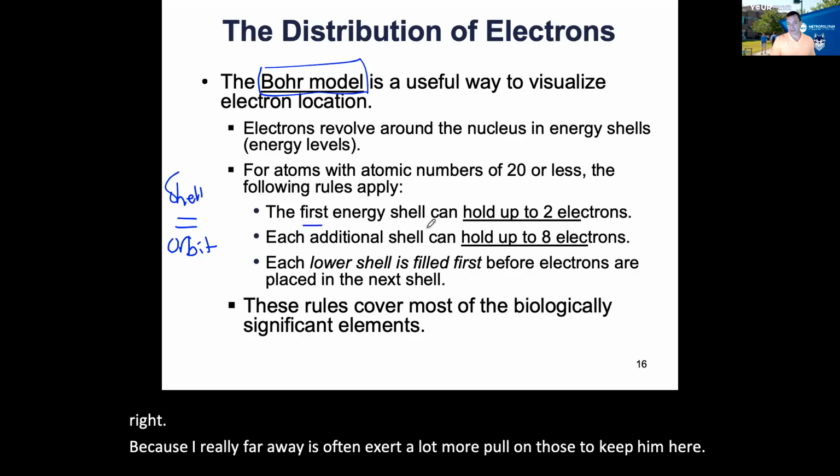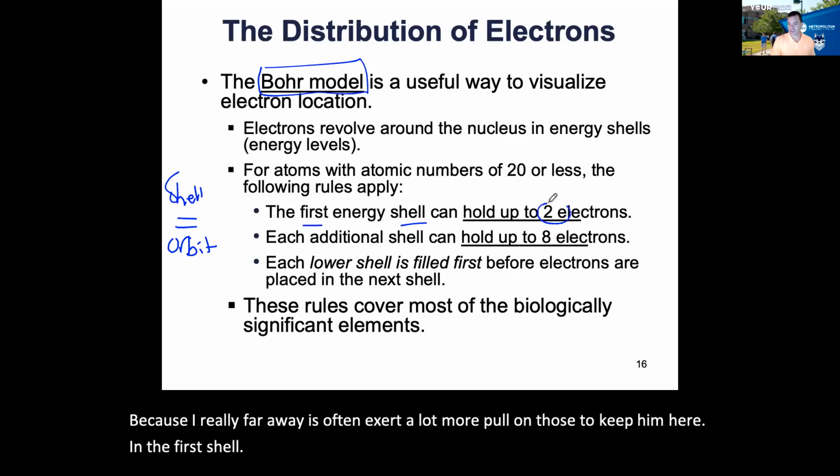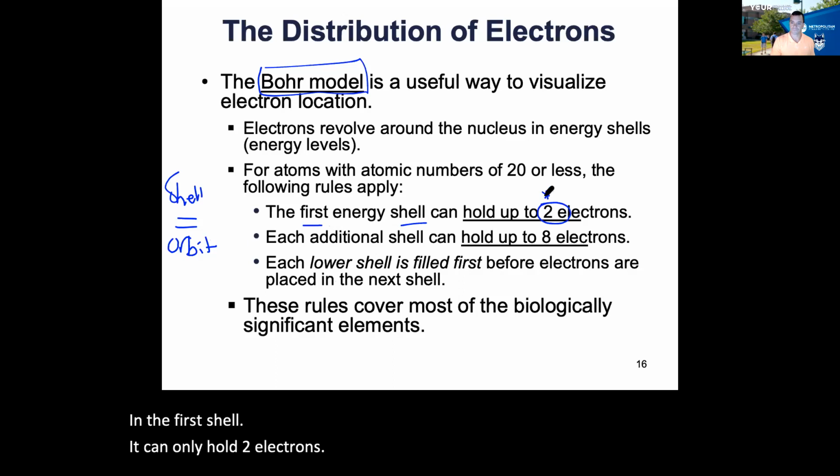In the first shell, it can only hold 2 electrons. In every shell after that, each shell can now hold 8 electrons.